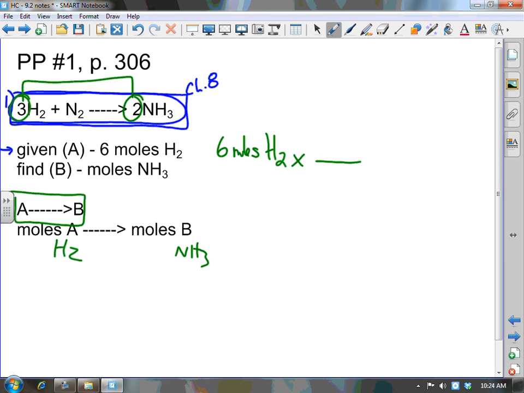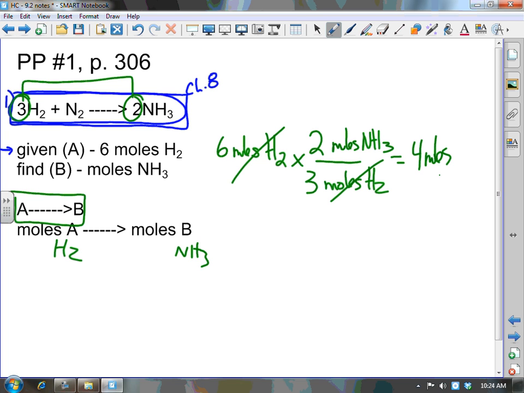Moles of ammonia goes on top. Moles of hydrogen goes on the bottom. 6 times 2 divided by 3, 4 moles of ammonia. So if we introduce 6 moles of hydrogen gas in this reaction with an excess amount of nitrogen, unlimited amount, we're going to make 4 moles of ammonia.